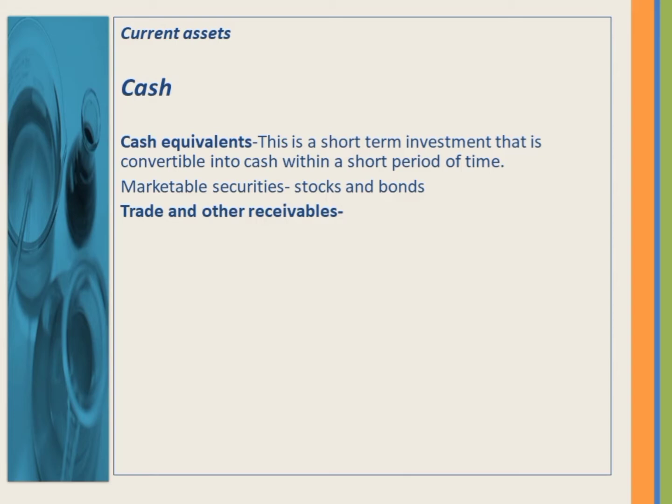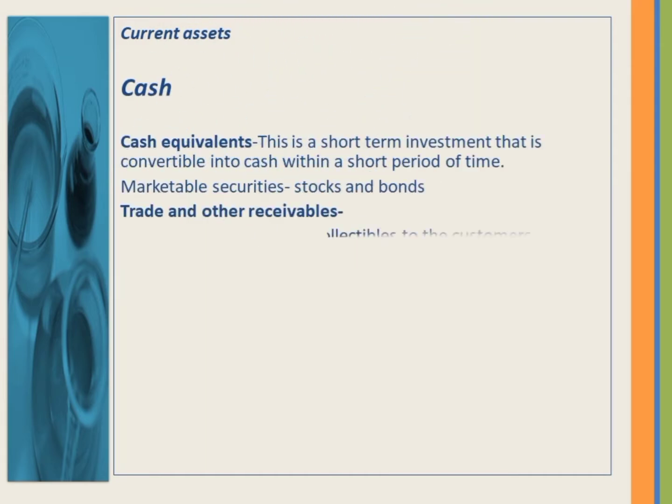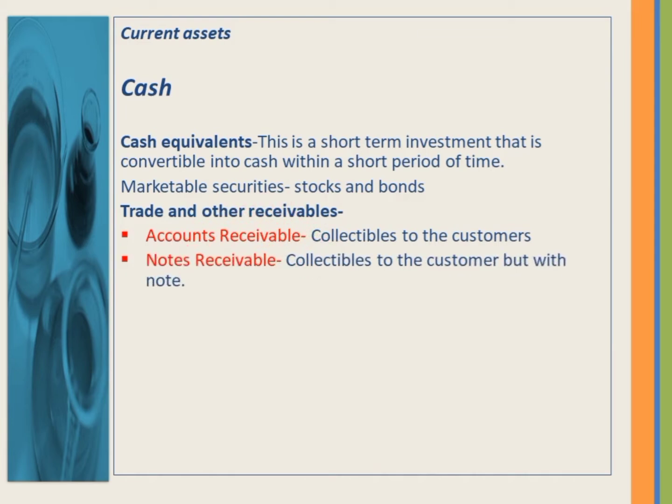Next, we have trade and other receivables. For trade and other receivables, we have accounts receivable. This is collectible from the customers. For example, a customer purchases an item from us on credit. Note receivable is collectible still from the customer, however the customer promised to pay within a specific period of time.